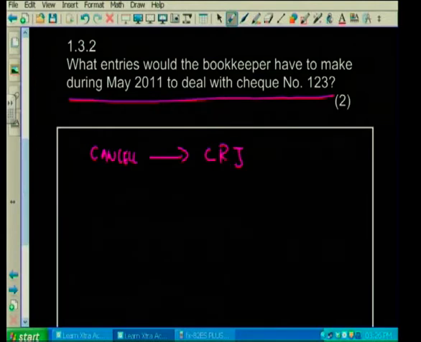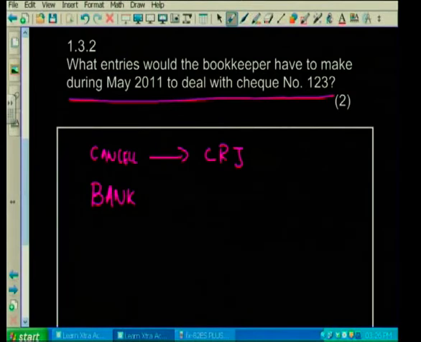Very important. Cancel it in your cash receipts journal. Immediately it tells you that what are you doing to your bank account? When you are using the CRJ, you are debiting your bank account. Agreed? Because it's a CRJ entry.